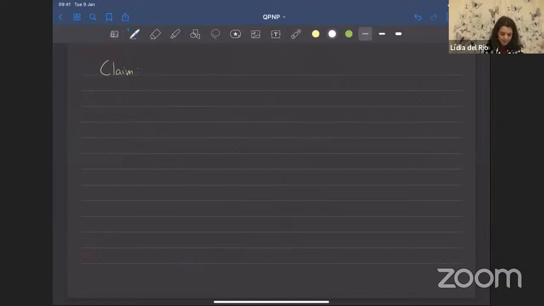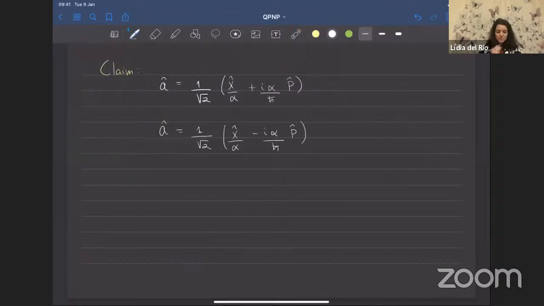So the claim is that a is 1 over square root of 2 of (x over alpha plus i alpha over h bar p), and a dagger is 1 over square root of 2 of (x over alpha minus i alpha over h bar p). Okay, so we need to prove this.